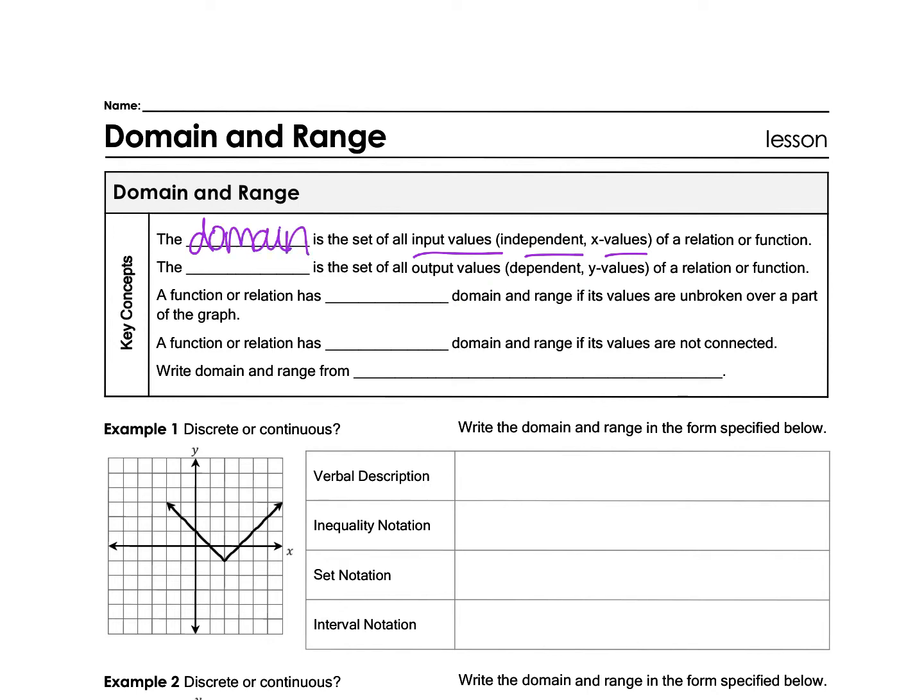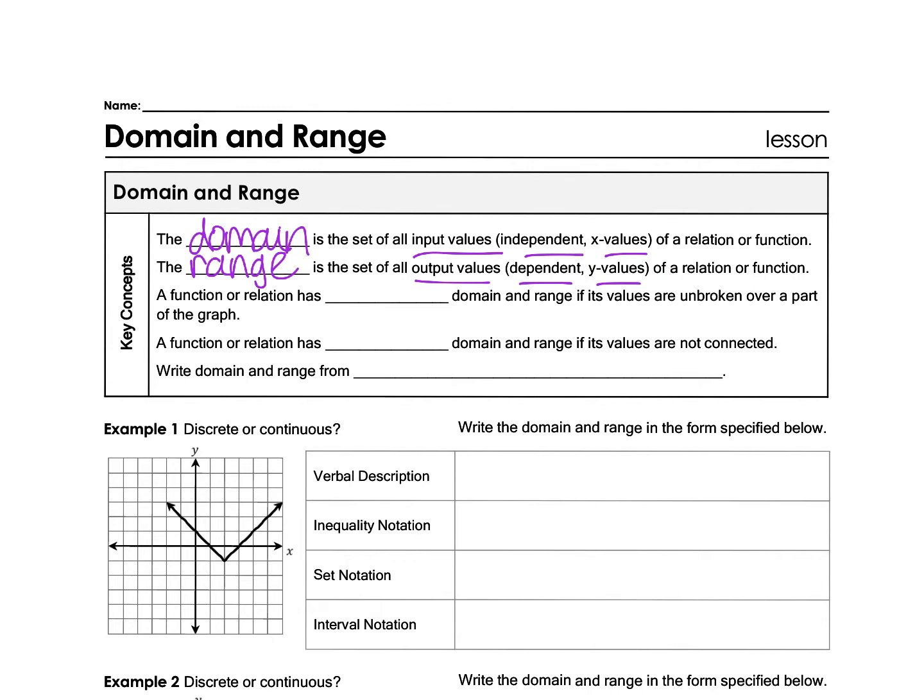And then it says the blank is the set of all output values, which is your dependent variable, and your y values of a relation or function, which is called your range. So domain is x, range is y. Independent is your x, dependent is your y.